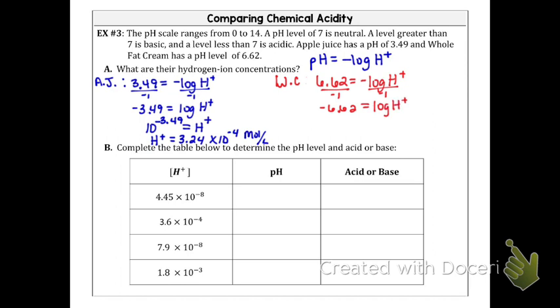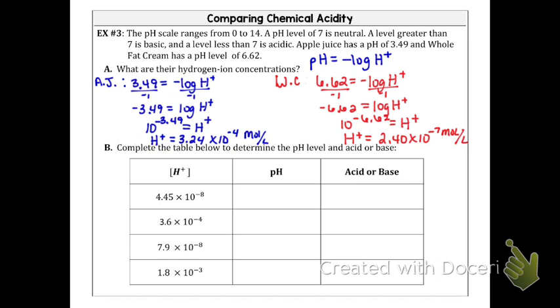We got a single log equals a number, so we're going to change it to exponential. So 10 to the -6.62 equals the hydrogen ion concentration. And I just plug that in my calculator so I can get it in moles per liter, and it tells me that it's 2.40 times 10 to the -7 moles per liter.